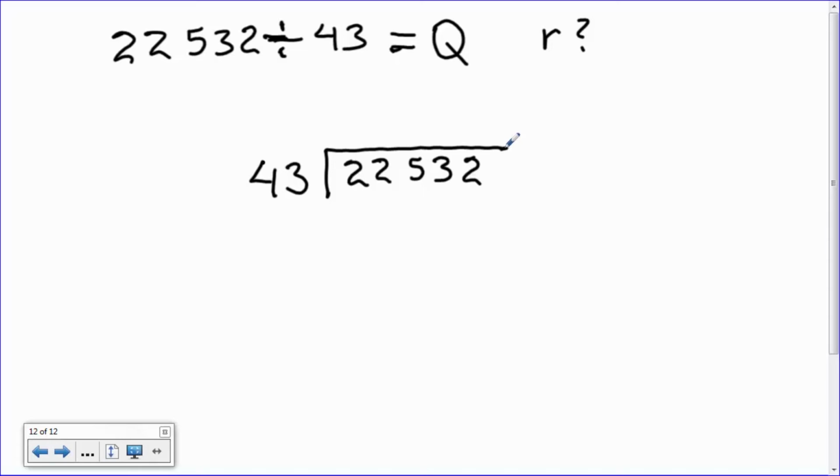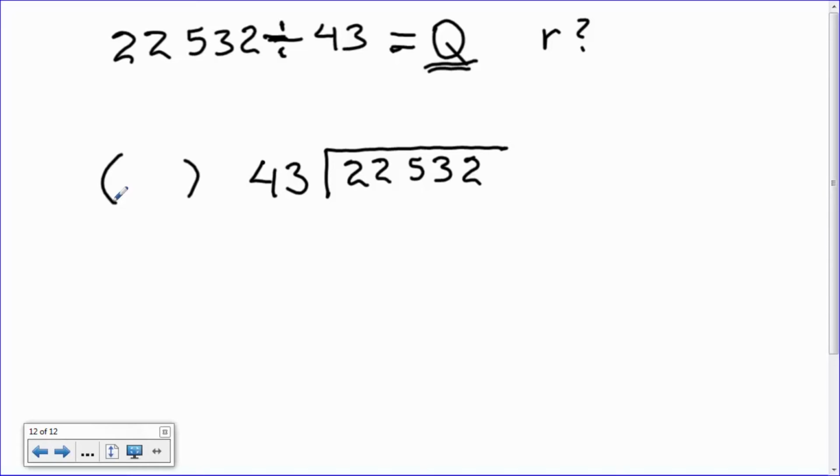So again, we want to sneak up on the quotient, the true quotient of this problem, Q, by getting smaller and smaller quotients that get closer and closer to Q. So how did we do that? We want to increase the size of the divisor, and we want to decrease the size of the dividend. Let me say it again.